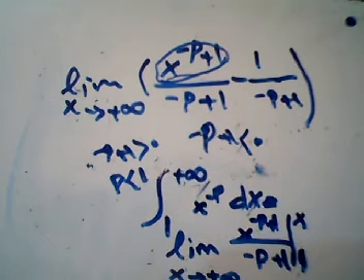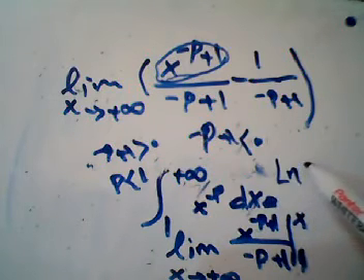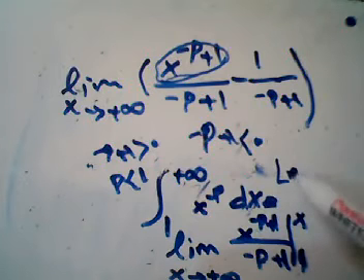Okay, at p equals 1 this doesn't work, and the integral would be the ln of the absolute value of x.